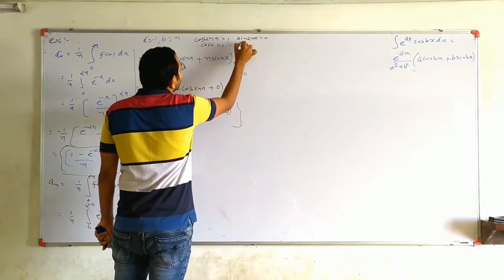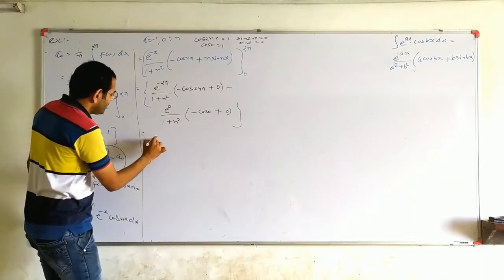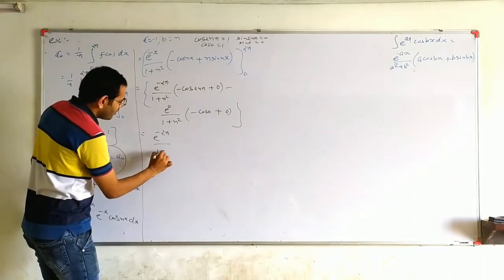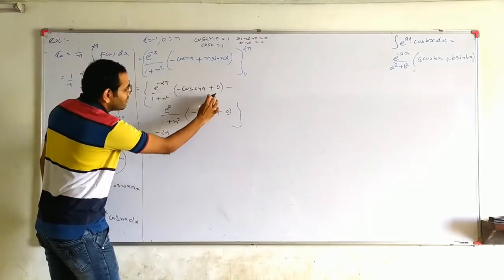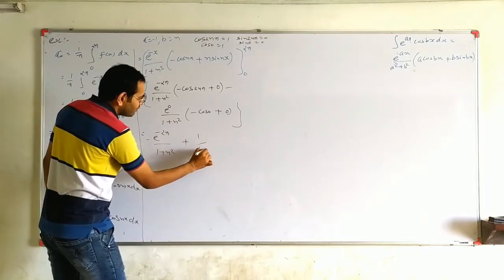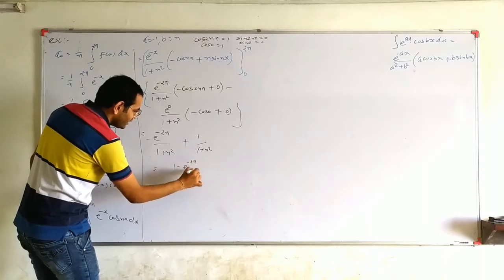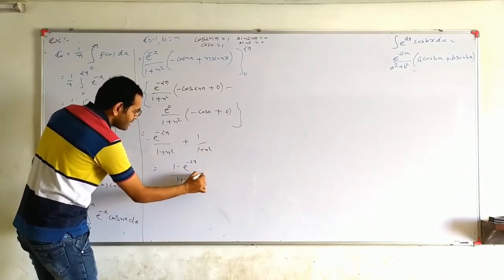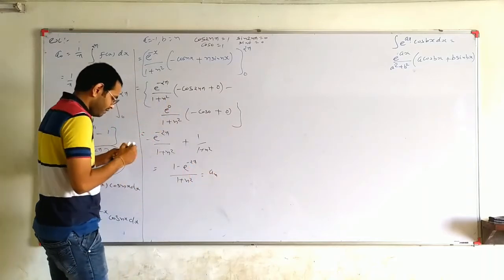Cos 0 is 1, sin 0 is 0. Then e raised to minus 2 pi upon 1 plus n square, minus, with cos 0 as 1 and e raised to 0 as 1, 1 upon 1 plus n square. Then the denominator is common, and taking the LCM we get the value of an.